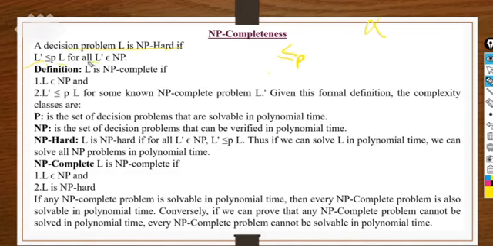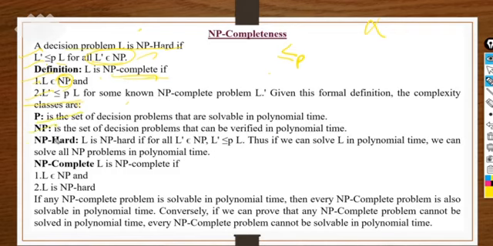For all L belonging to NP, then we can give the NP complete problem. L must belong to NP, and it also must be reducible in polynomial time. So for both it is clear: with reduction only, it is NP hard. With the reduction, if you also have the non-deterministic polynomial time algorithm, then it is NP complete, right?